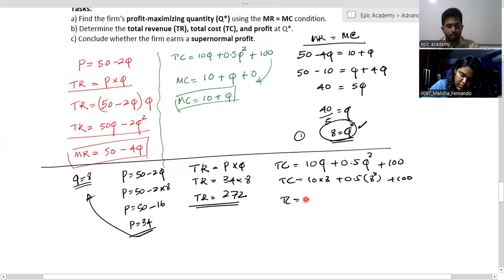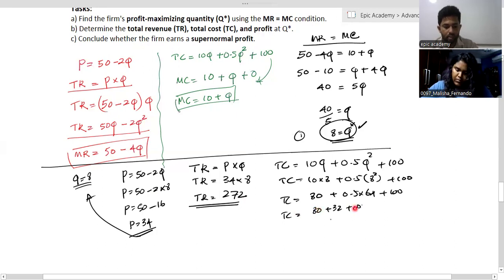It is 80 plus the power of 8 is 64. 0.5 multiplied by 64 is 32. 80 plus 32 plus 100. And TC is 212, isn't it?